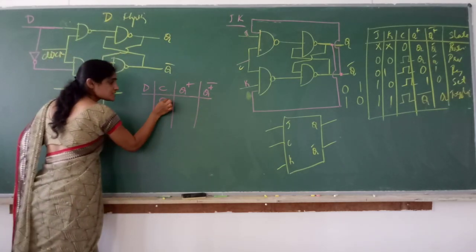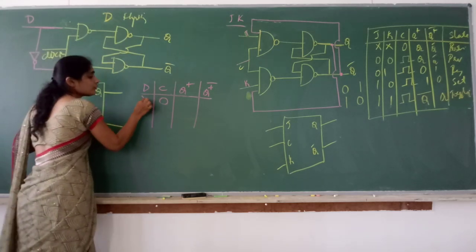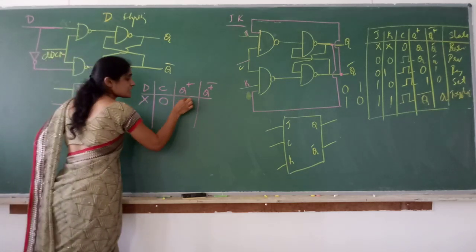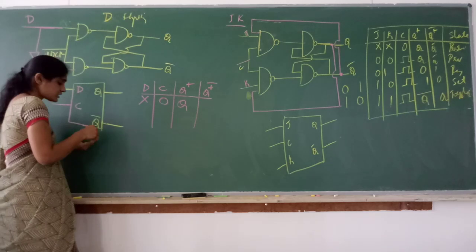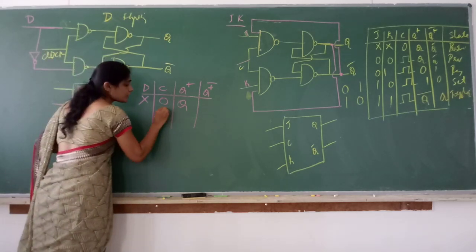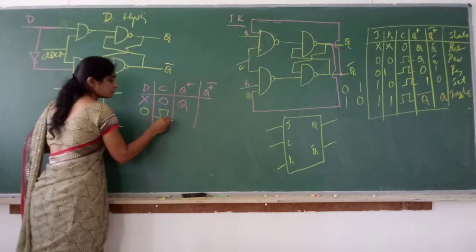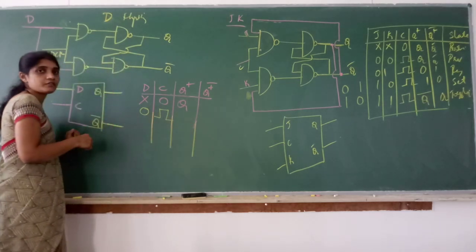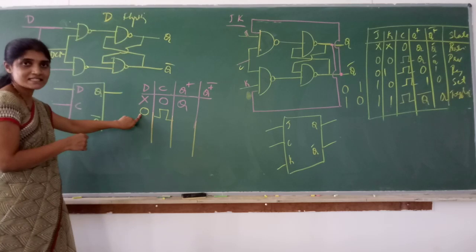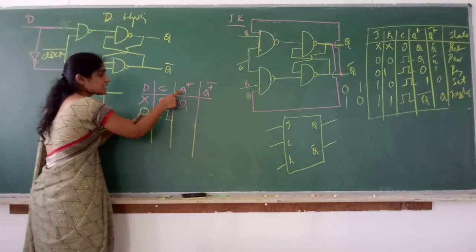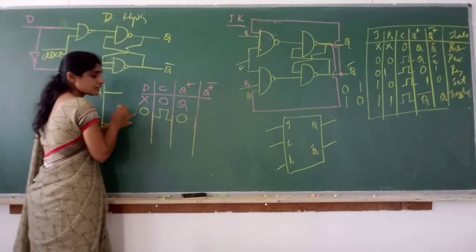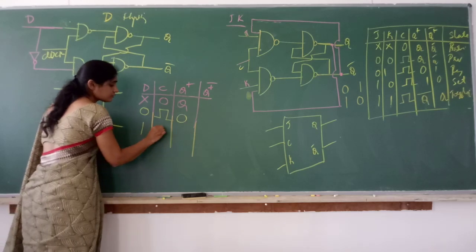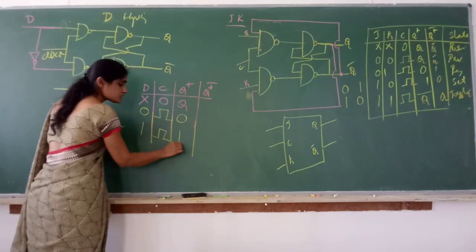Again, if clock is 0, if you are not giving clock, whatever input you give, next state is previous state only. Now you give clock, you give D 0. Look at the function table of D flip-flop. If you are giving D as 0, next state is also 0. If you are giving D as 1, next state is also 1.